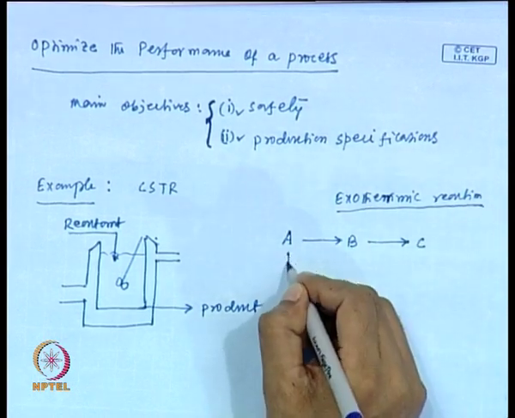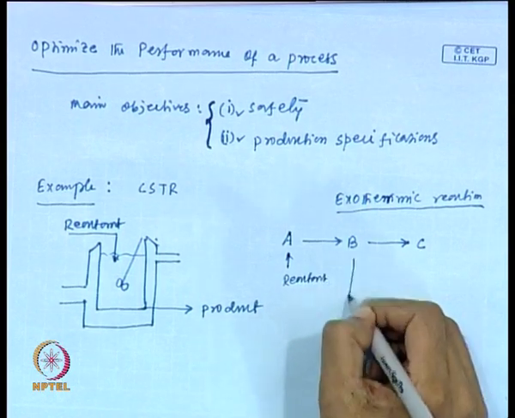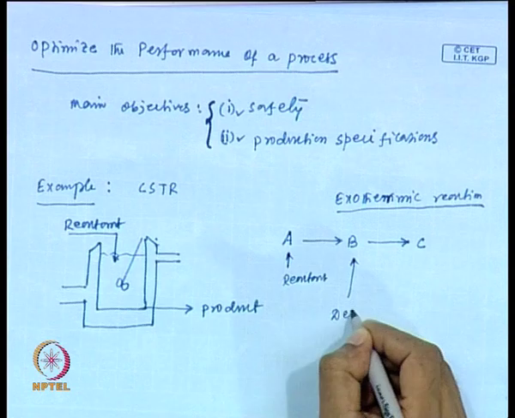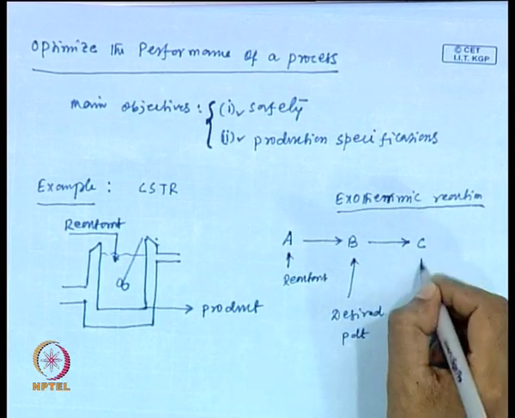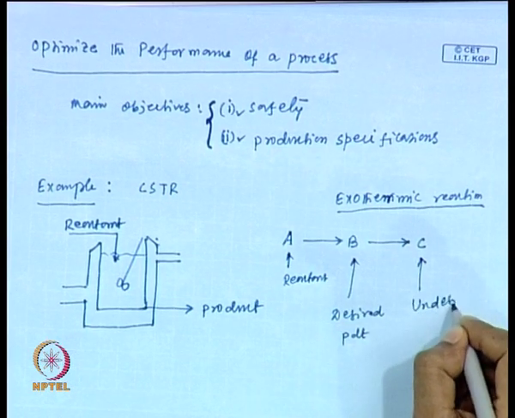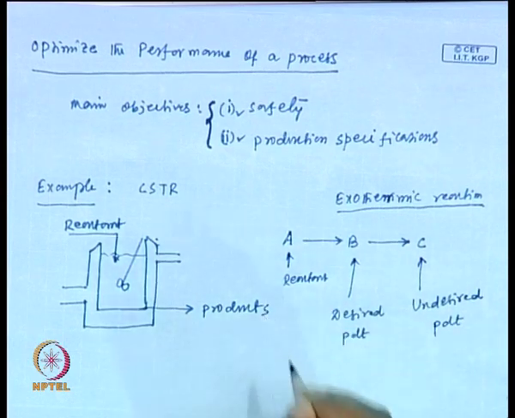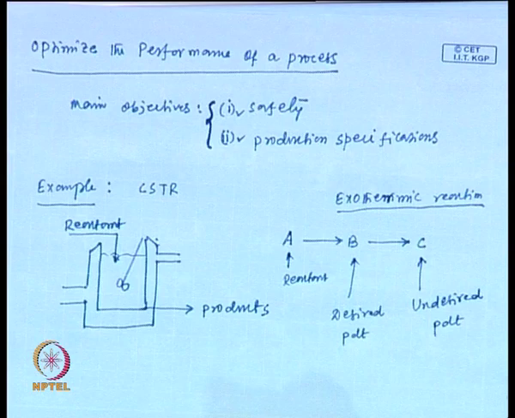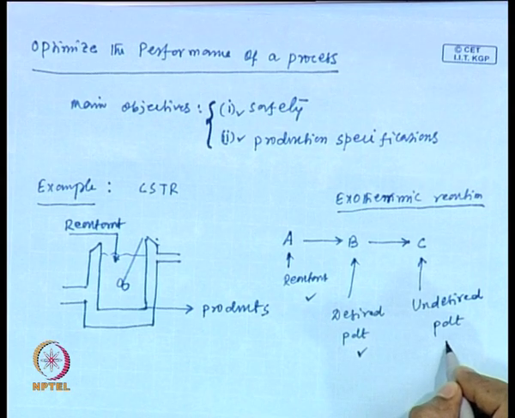A is the reactant, B is the desired product, and C is the undesired product. So, these are basically the products.